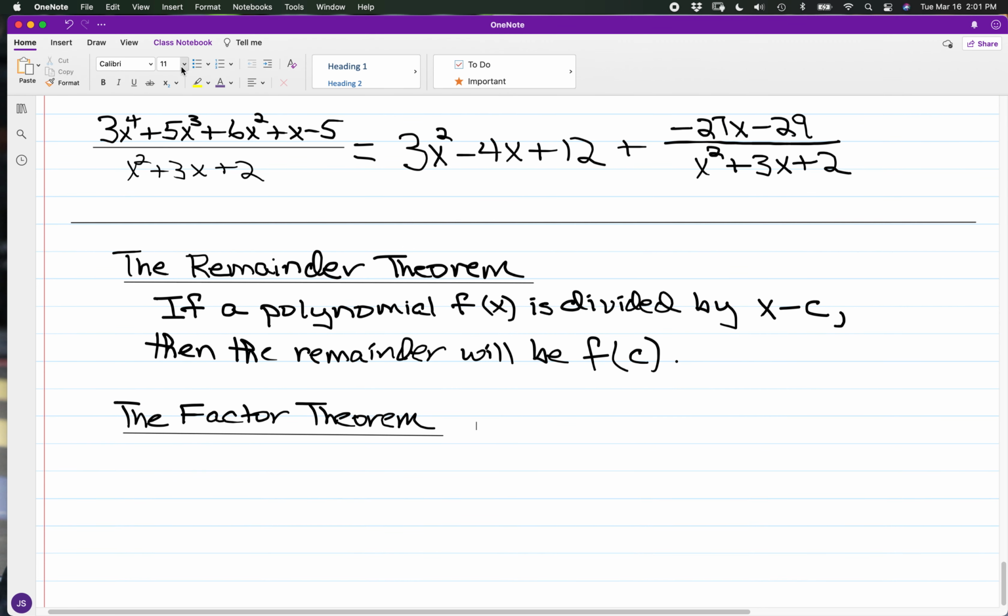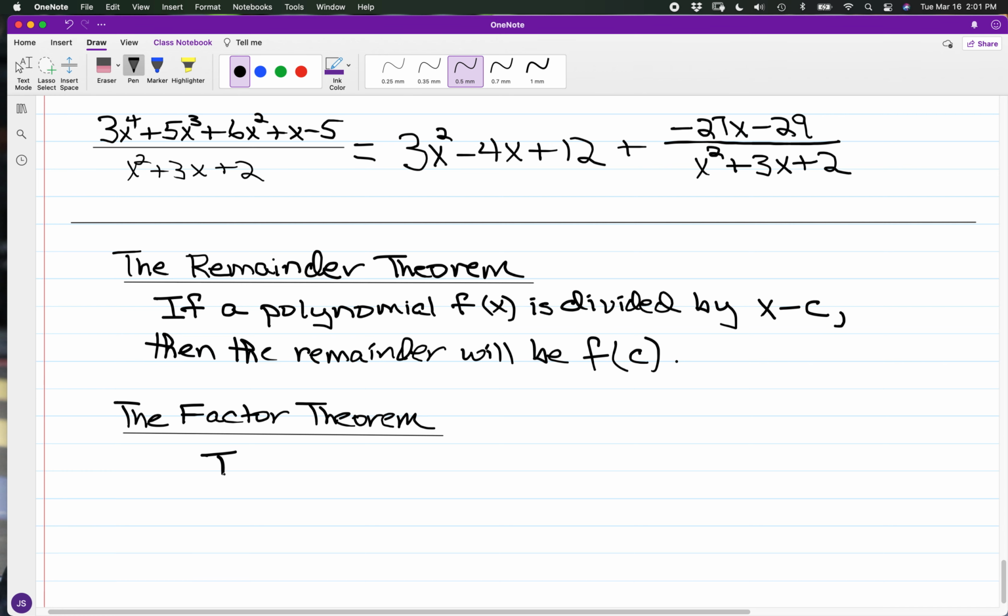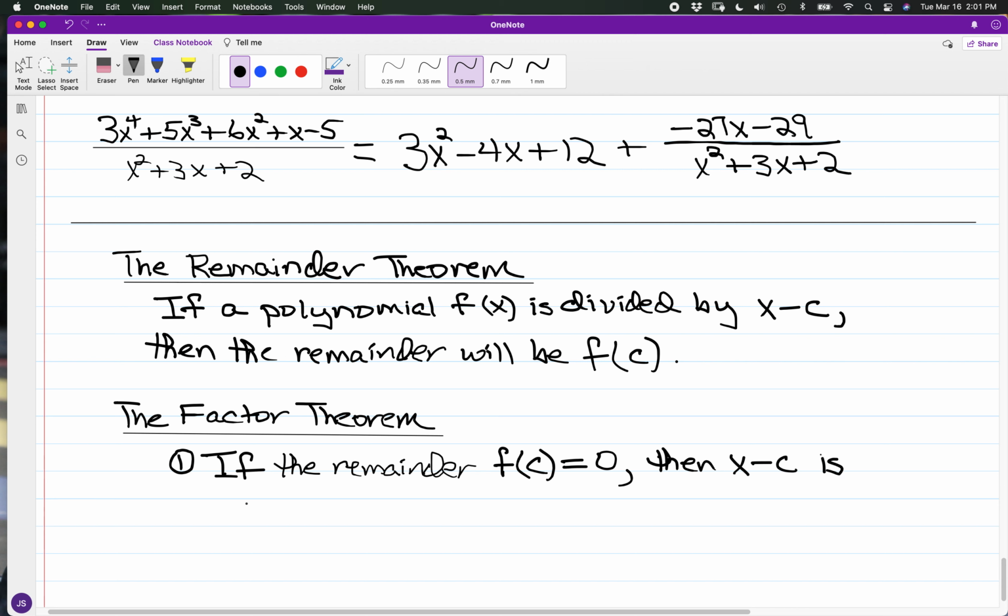So in the case of the factor theorem, from the remainder theorem, if the remainder f of c is equal to 0, then x minus c is a factor of f of x.